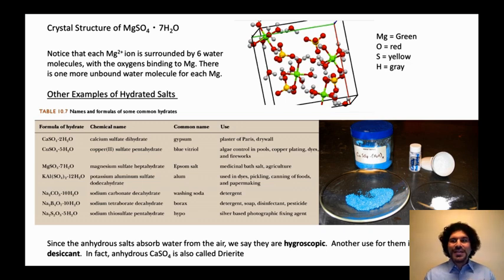So if you need a working environment in the chemistry lab or an environment for storing chemicals that is completely dry, that's completely free from water, you put some crystals of calcium sulfate into your glassware, and that calcium sulfate will absorb any water out of the air. And as a result, since calcium sulfate is used for this purpose, it is also known as Drierite.